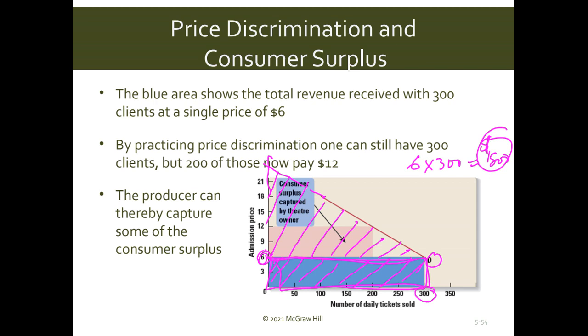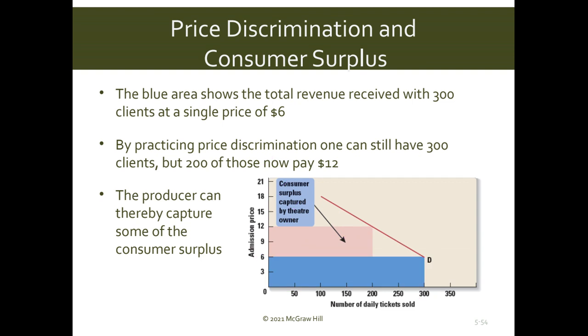Okay, so now this monopolist will actually charge $12 and sell these 200 units. So what is the revenue when you sell 200 tickets at 12? 12 times 2 equals what? 2,400.